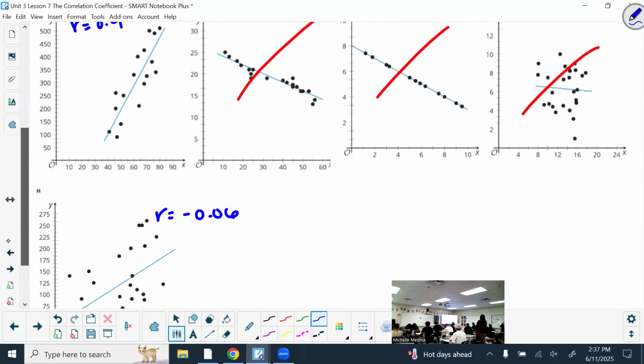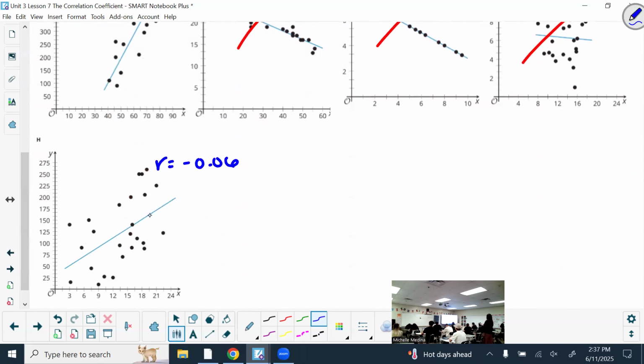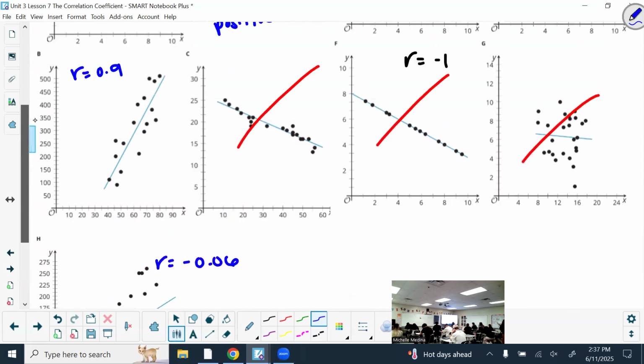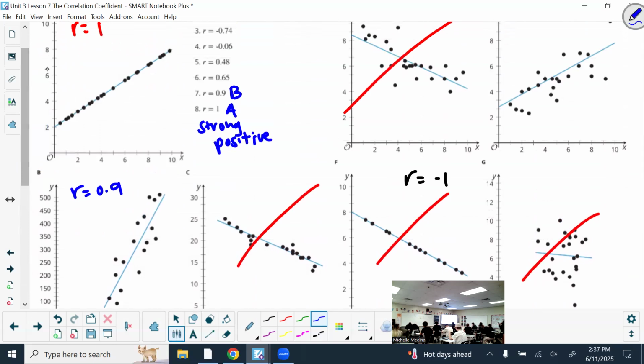When I look at H, I can tell it has a correlation because I can tell it's going up. So look at the other graphs. Which one looks more like it has no correlation? Do you guys agree with that? Should the negative 0.06 actually go here? It has a line going down drawn on it, but if that line wasn't there, I actually wouldn't know what direction it's going. So G is actually the one that needs to go as number 4.